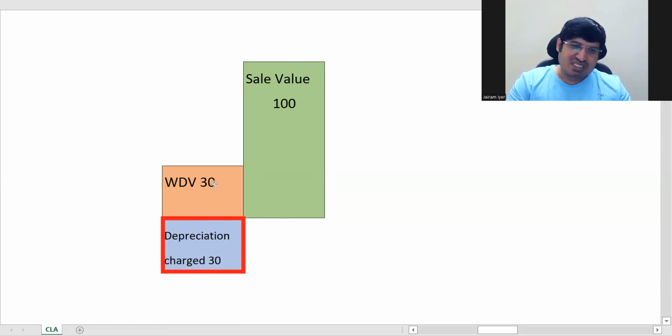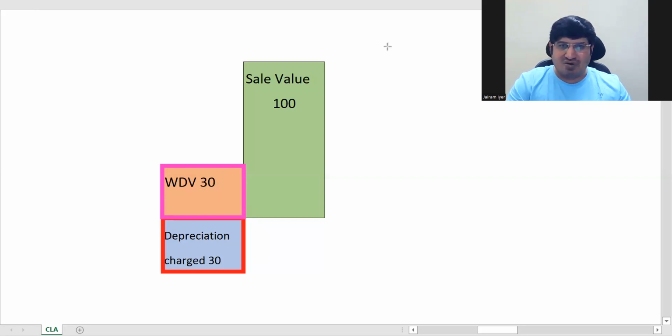Total asset was 60: 30 plus 30. Depreciation that you have charged so far is 30. So what is the written down value of the asset then? It is 30. This whole thing was the asset. The red part you have depreciated. So this is remaining, which we call WDV, written down value. So here WDV of the asset is 30.